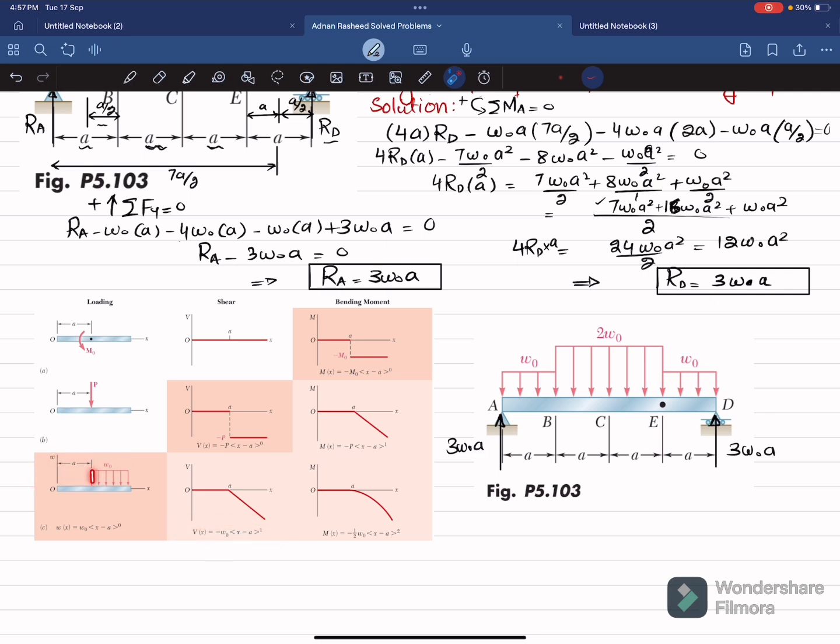But this distributed load is starting from this and it is going towards the end. And here you can see this is this portion and it is up to this portion. So we will make it as per our diagram. So if I make it horizontal, because all this will be W naught, this will be your one load. Now this remaining portion will be also W naught. Clear? So we will cut it. This will be also W naught.